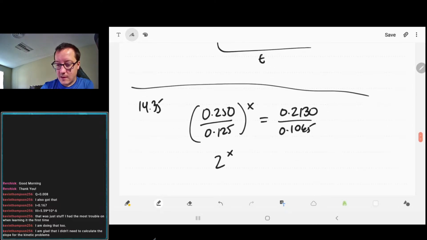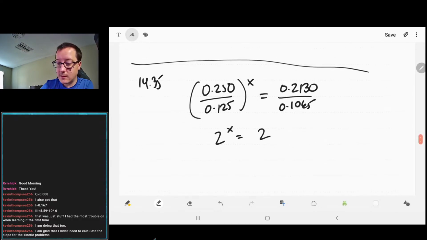If we do this, we have 2. Lucky us. So X is 1 for ammonia. So easy one. Maybe we should try and find a harder one, but whatever.